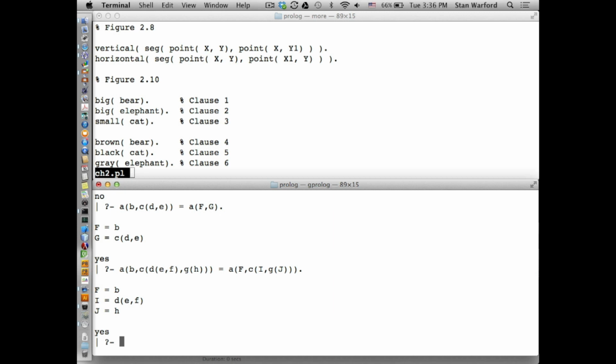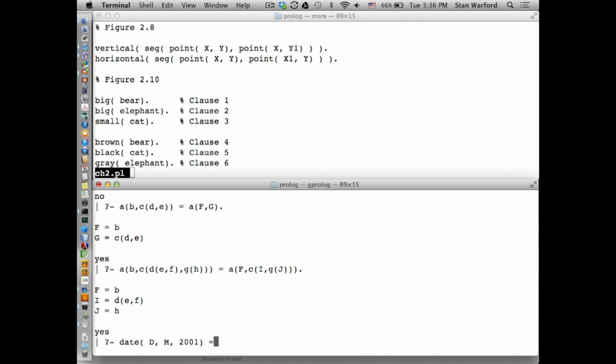So now how about this? How about let's do one that feels a little bit more like regular data. Suppose we do date, D, M, 2001.